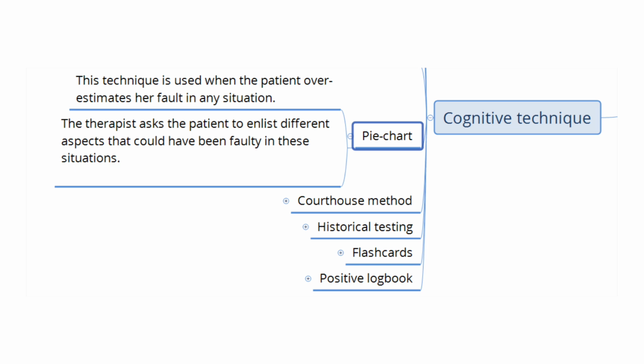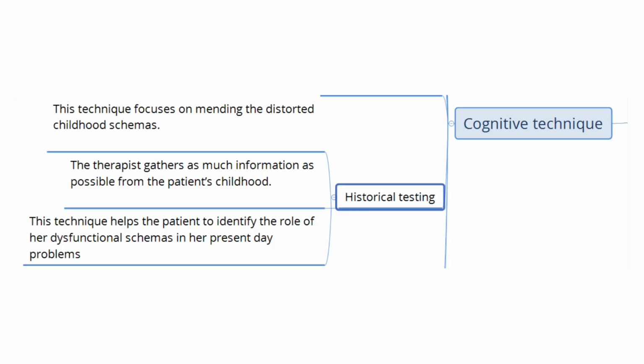For example, Nora failed in an exam and she blamed herself for it. But after she made this pie chart, she could see that she is not at fault completely. Other aspects such as being ill and having a fight with her mother also contributed to this situation.